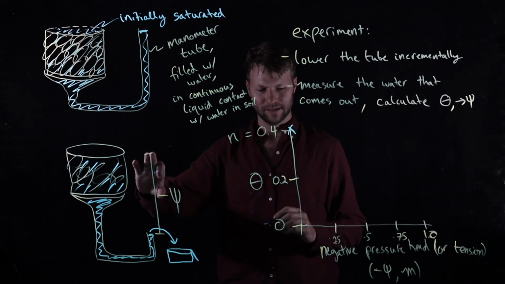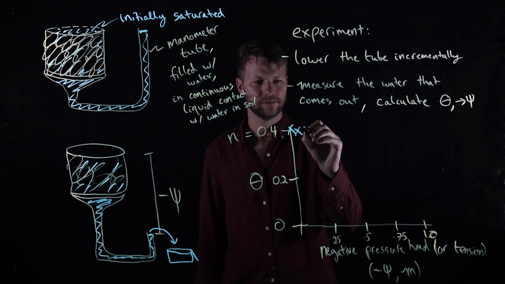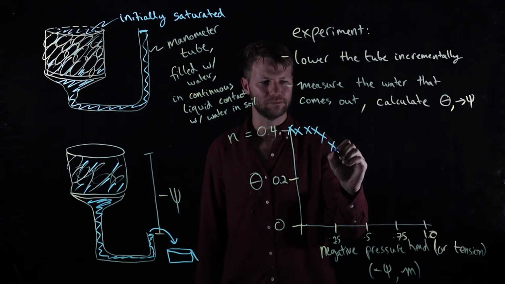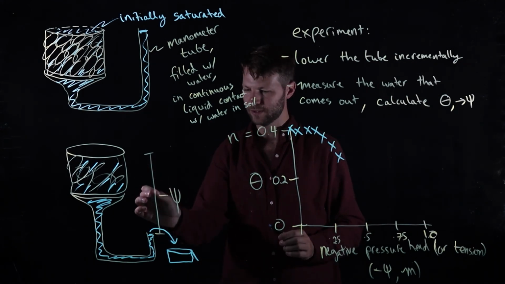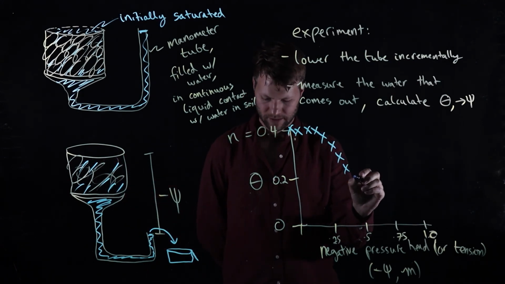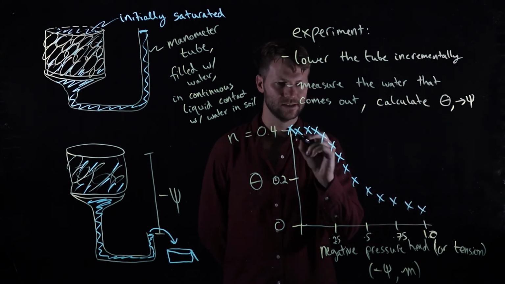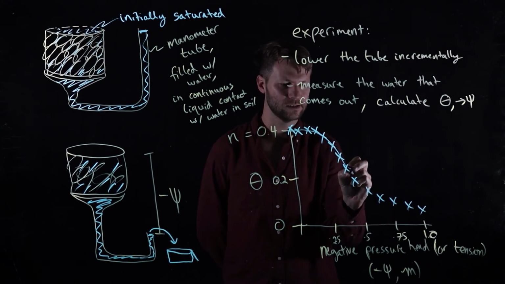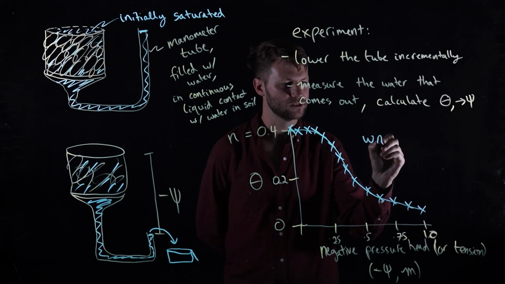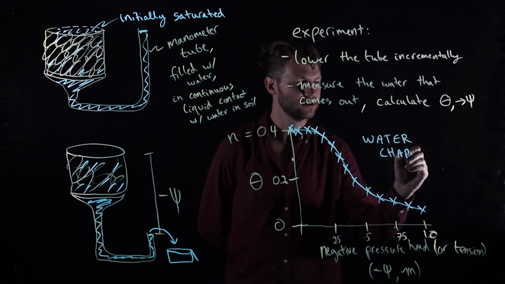And so as this experiment progresses, we start here. We're allowing the pressure to drop, but at first no water comes out. And so we have kind of a constant amount of water, but then we start to see it plummeting. And so as we keep lowering the tube down, we do start to eventually desaturate here. And we see that some curve emerges, and we could connect all these points here and establish this relationship, which is called the water characteristic curve.